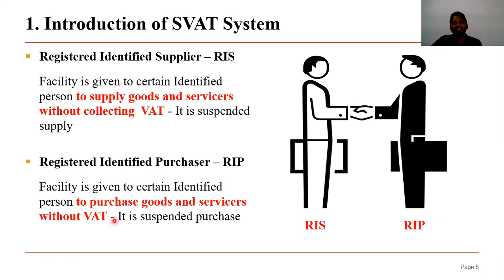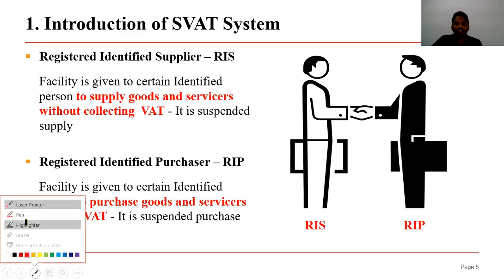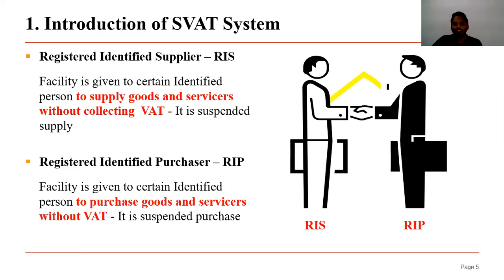They are purchasing from the supplier, and they will pay only 100. The invoice shows 100 and VAT of 8, and they will pay only 100 and issue a credit voucher for 8. We will explain this later in the slide.